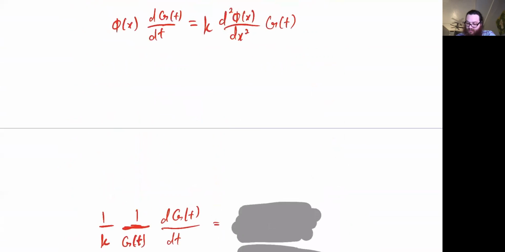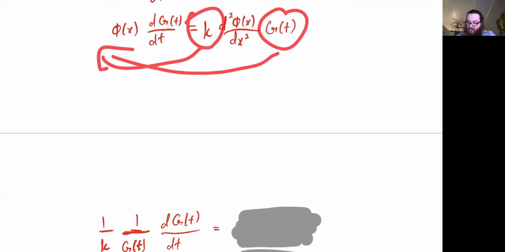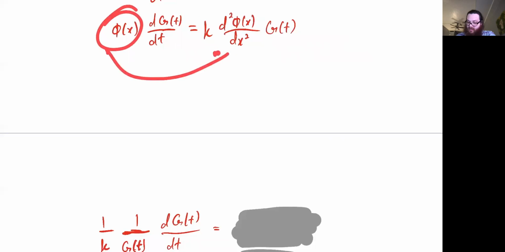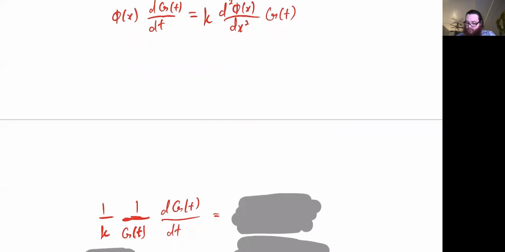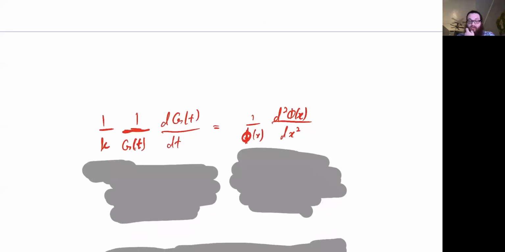And so rearranging things, bring this g of t and this k over here. Bring this phi over there. Okay. So we're going to get on the left-hand side, 1 over k, 1 over g times dg dt is equal to 1 over phi times d squared phi dx squared.